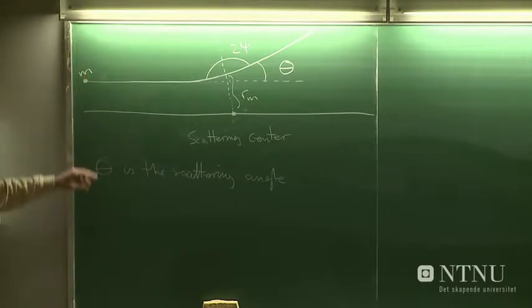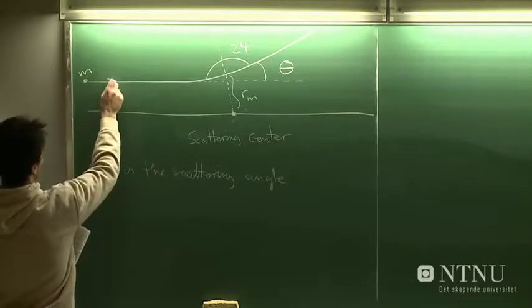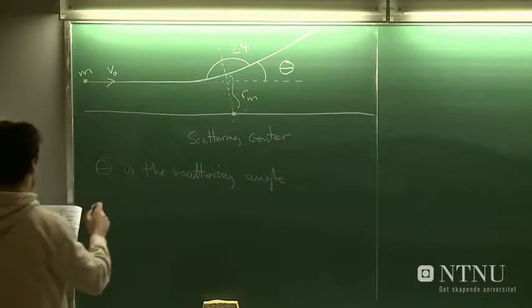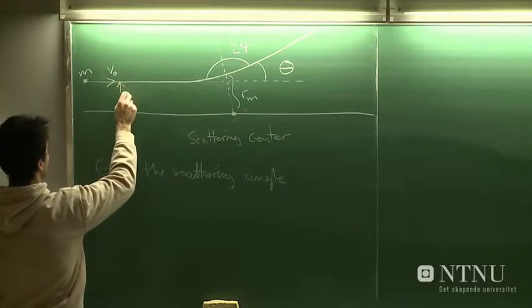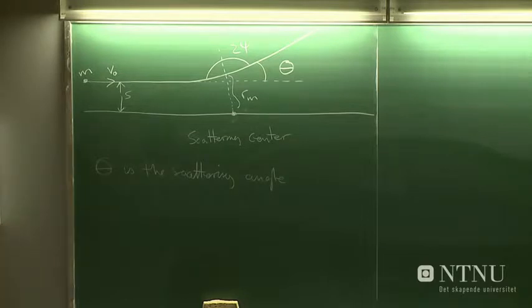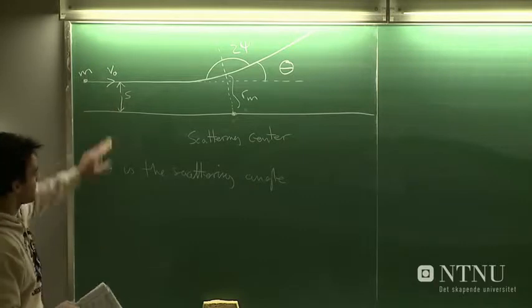So let's say we have some incoming object with mass m, a velocity v0, and to characterize these incident particles, it is useful to introduce this scattering parameter s.